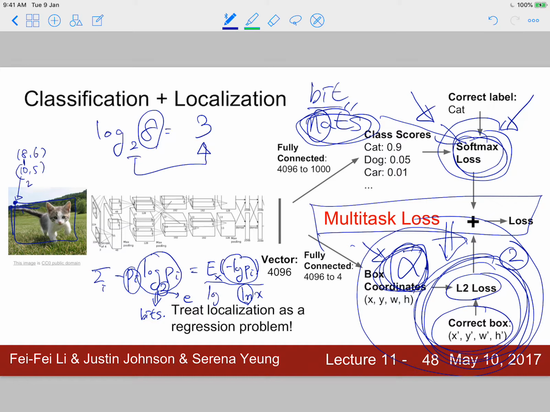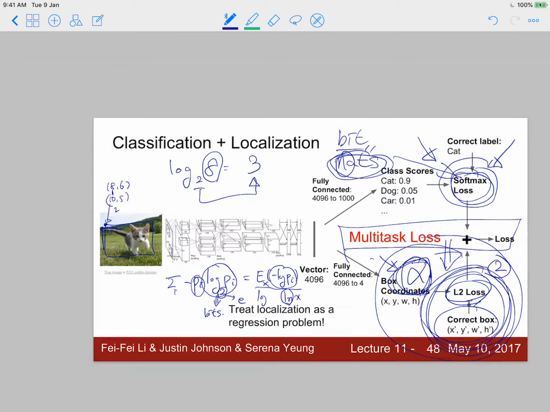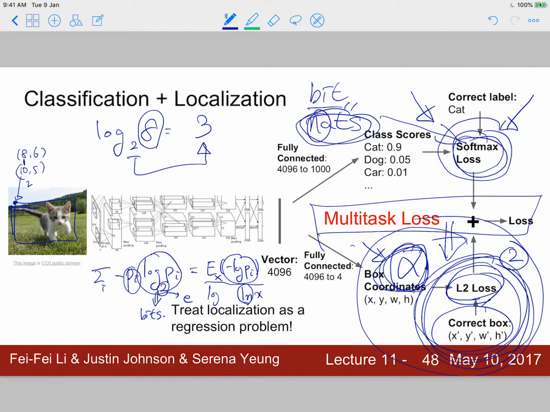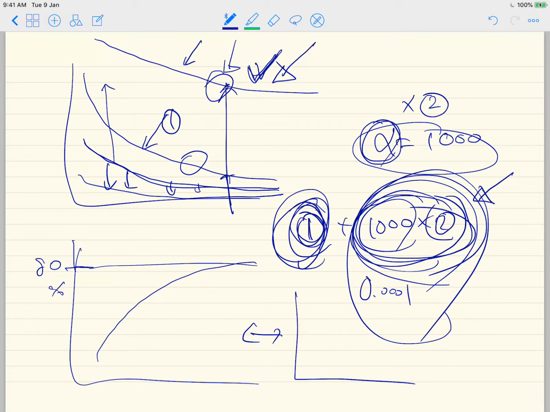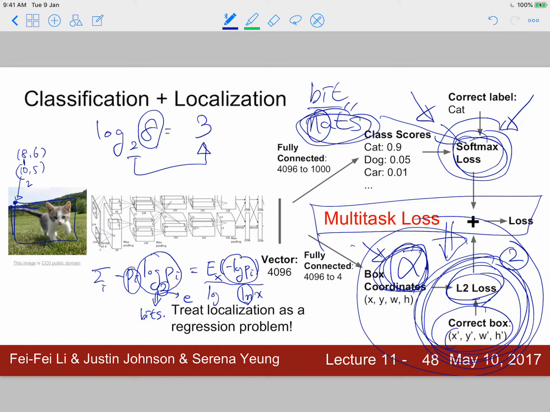In this case, we compute this L2 loss, the squared sum of the differences in terms of pixels of x, y, w, and h, right? We can actually measure separately for each of x, y, w, and h.